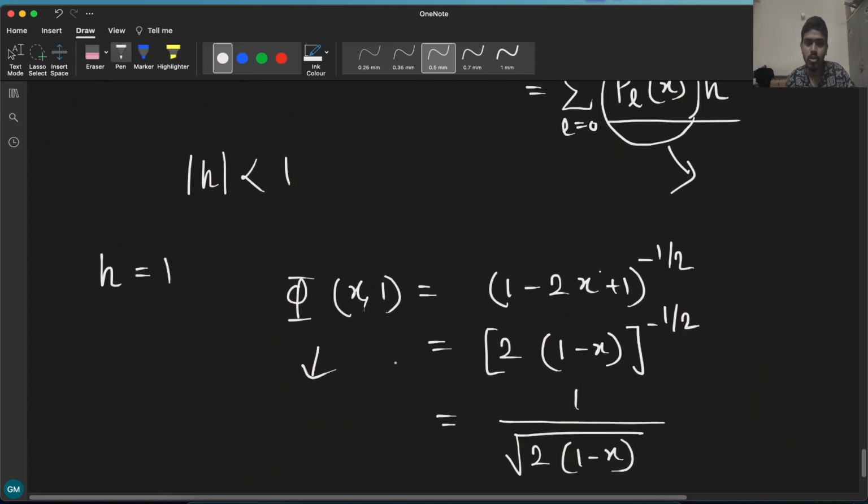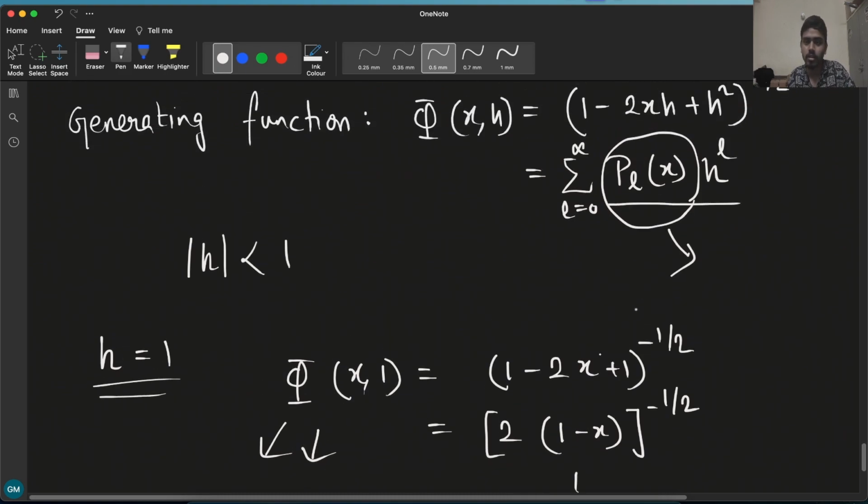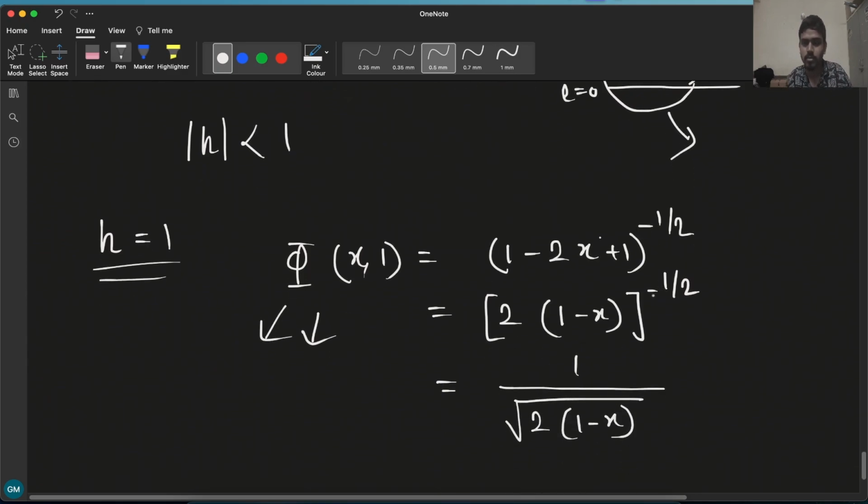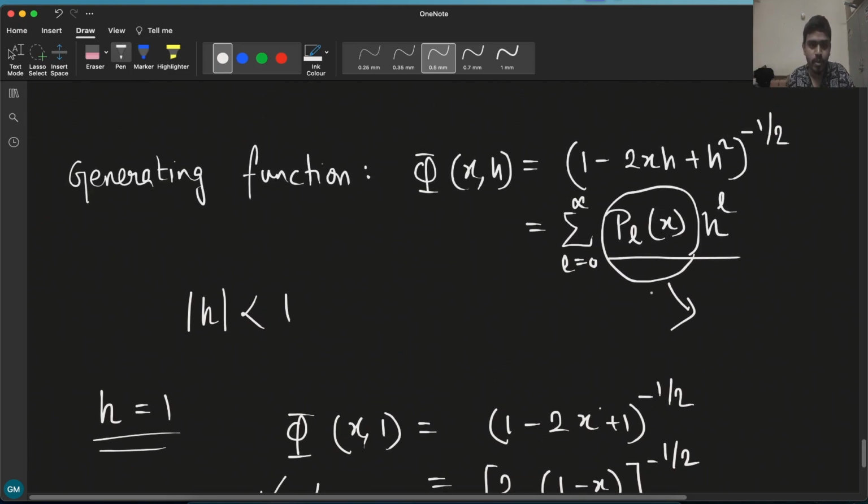So at x equals 1, if h equals 1 for example, the generating function itself is diverging, and you cannot get a well convergent PL of x from that function at x equals 1.